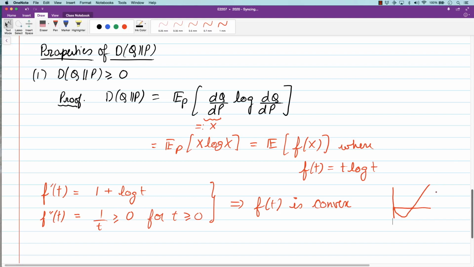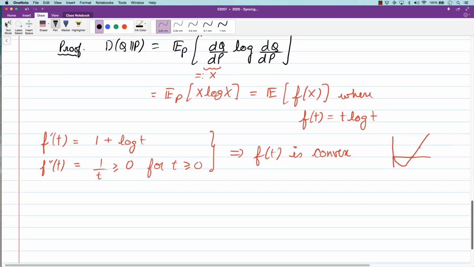Therefore, since this is a convex function, the value at the average is less than the average of the values.